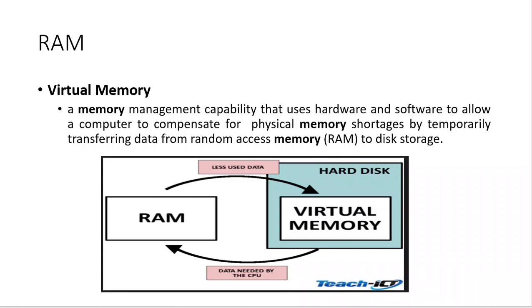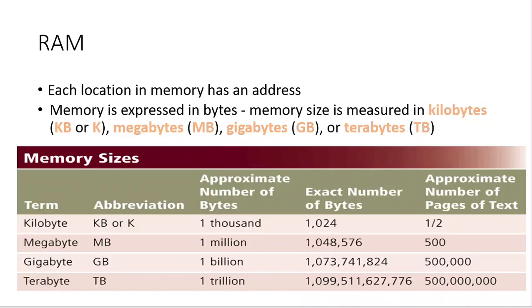Seolah-olah memberi gambaran bahawa memori yang ada pada komputer kita lebih, sedangkan memori yang ada limited. Tapi dengan penggunaan hard disk sebagai virtual memory, seolah-olah nampak pada kita capacity of memory itu lebih daripada yang ada. Okay, begitulah secara ringkasnya. Okay, next.